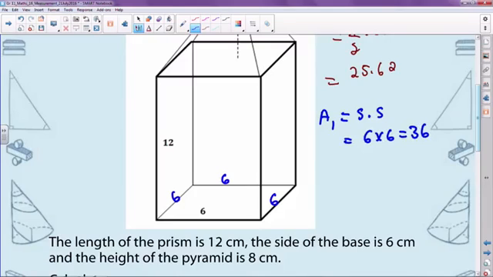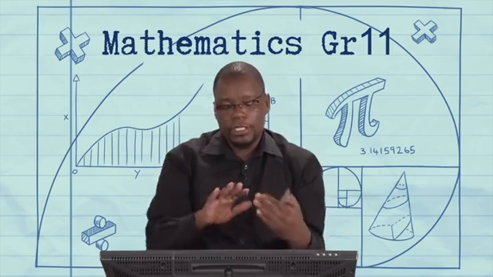But that 36, there is also the one that is similar to it at the top. So you've got 36 times 2, so it's 2 lots of that, which is 72 square centimeters. Okay, so we've dealt with the bottom and the top. Now you've got the sides.